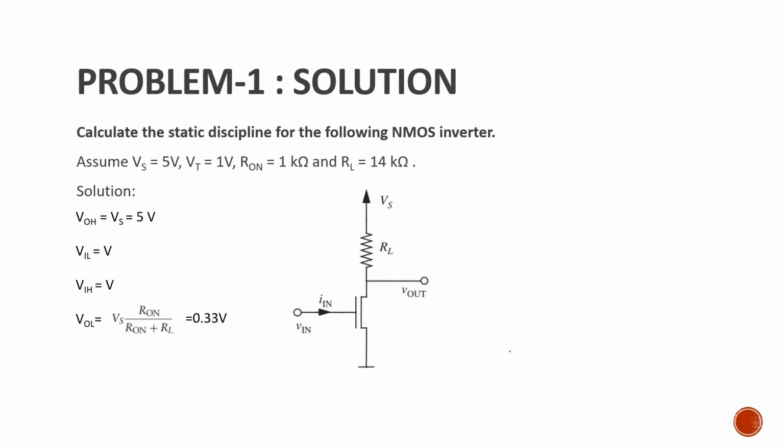For the better noise margin, VIL must be maximum, VOL must be minimum. But here this VOL is 0.33, but in S model it was 0 volts only. Now 0.33 is there. Be careful. The noise margin is less. Okay. Now let's go to the next numerical.